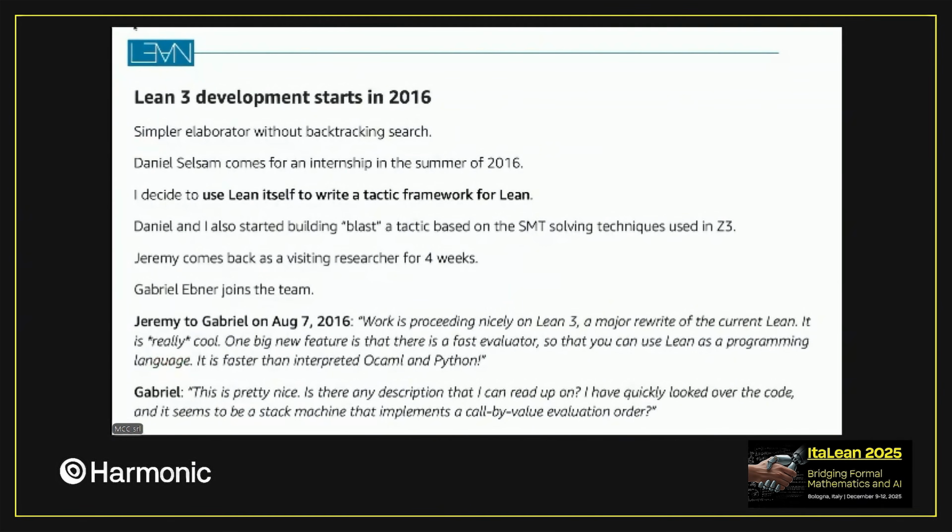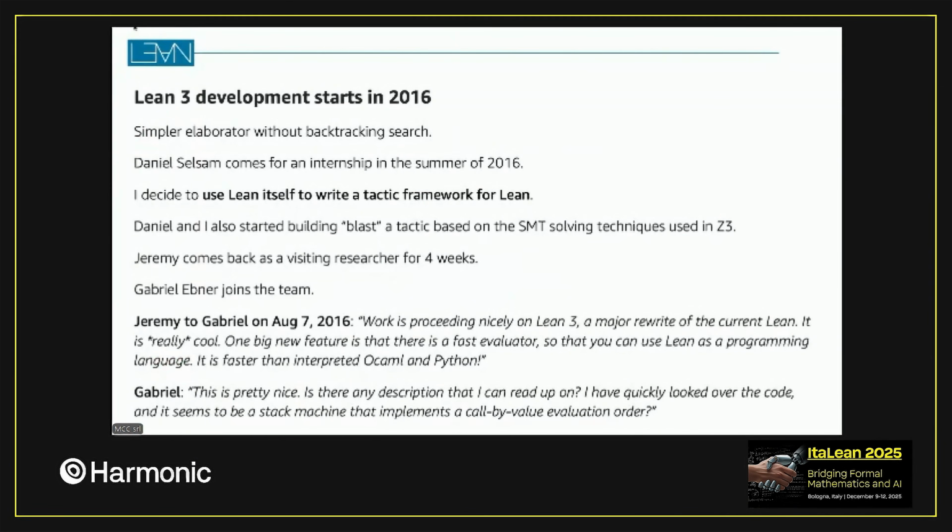Then we started the Lean 3 development. I think the main thing here was, okay, nobody likes Lua, nobody wants to learn Lua. Let's allow people to write their extensions, their tactics, using Lean itself, right?